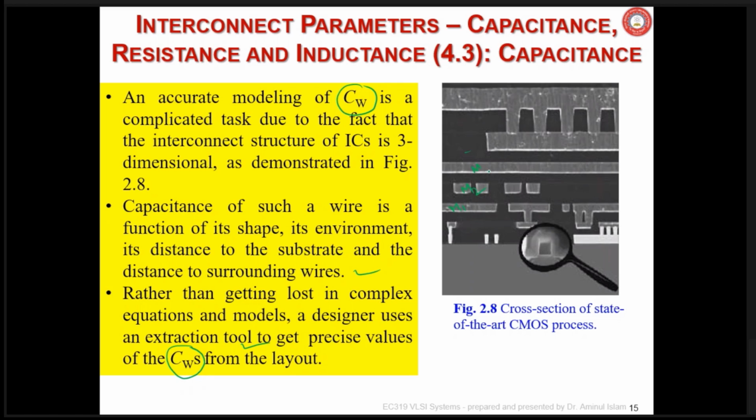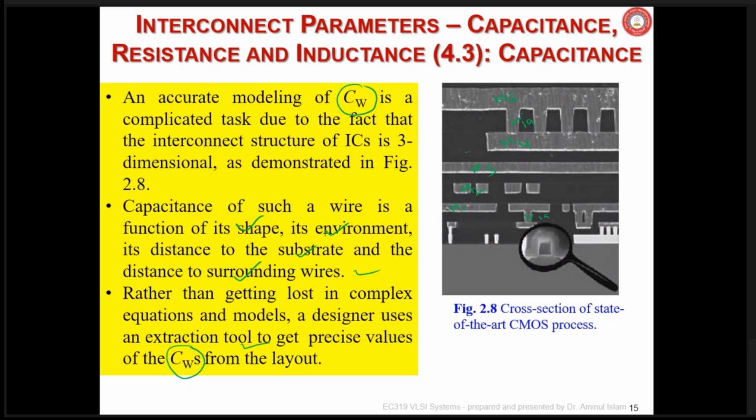Maybe this is metal 2, metal 3, metal 4, etc. This may be the via. So the capacitance of such a wire is a function of its shape, its environment, its distance to the substrate, and the distance to its surrounding wires. So it is not easy to model.